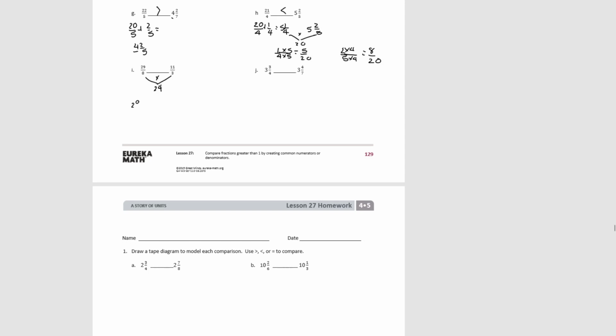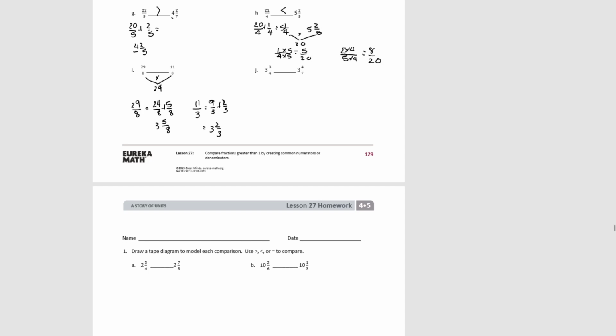So 29/8 we could make into a whole number: 24/8 plus 5/8 would give us 3 5/8. And for 11/3, we could do 9/3 plus 2/3, which would be equal to 3 2/3.